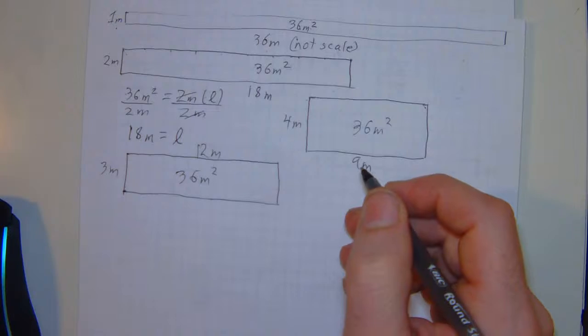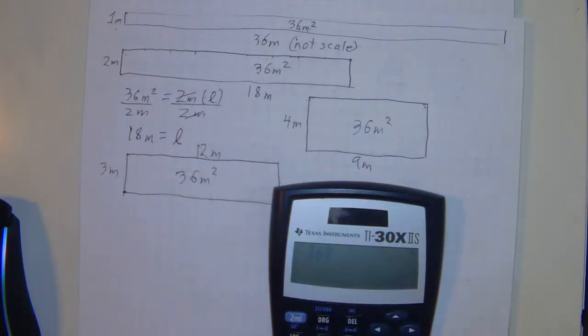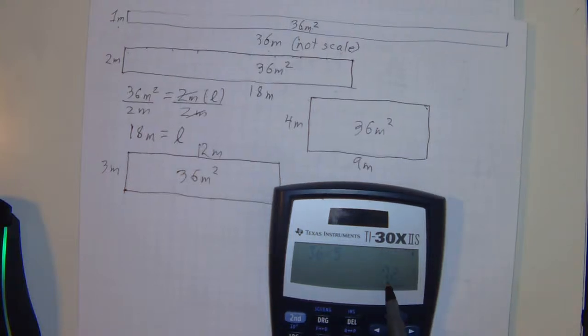And then 5 meters. 5 meters is an interesting one because 36 divided by 5 doesn't get us a whole number. It gets us 7.2. So it turns out we can't actually make a rectangle that's area is 36 meters squared with a width of 5 meters and a whole number length. We can do it if we take a non-whole number length, right? As long as we can do a 7.2 meter length, we're fine.